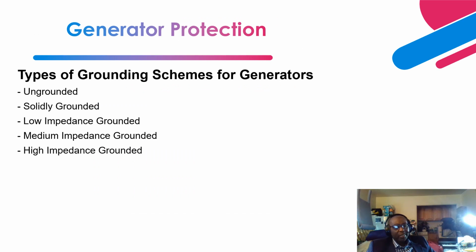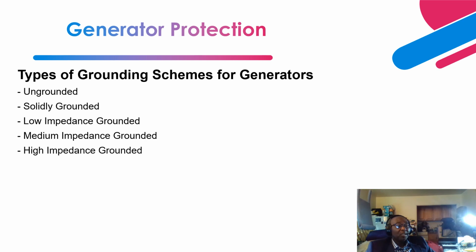So now let's talk about the typical grounding schemes that we have for generators. I think I mentioned briefly the types of grounding schemes when I was elaborating on the different connections of generators to different buses into the AC grid. But now let's deep dive into the different grounding schemes. We have an ungrounded scheme. If you have a delta scheme, it's ungrounded, or you can have a Y that is floating, not grounded.